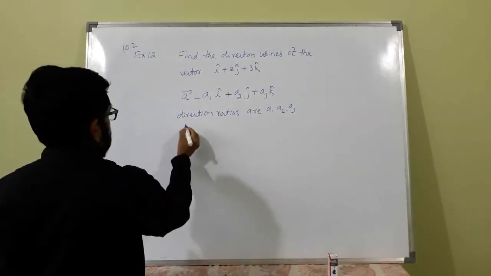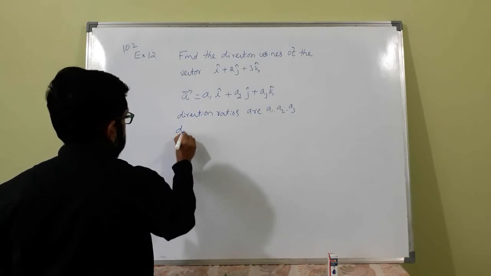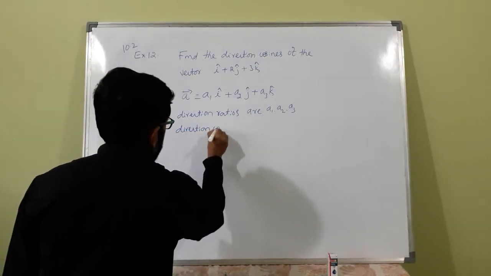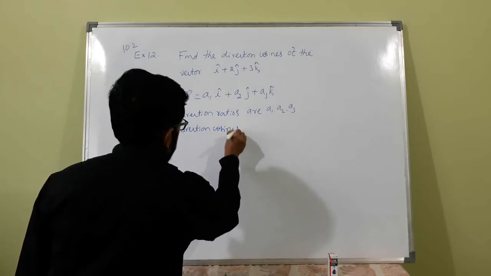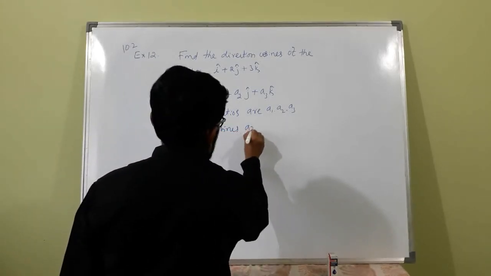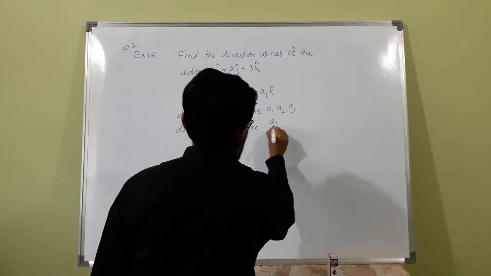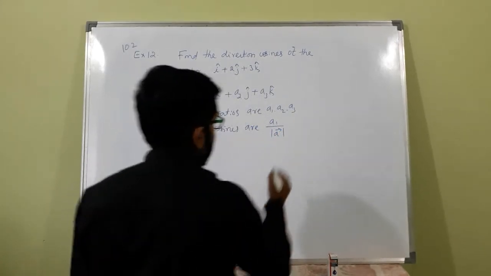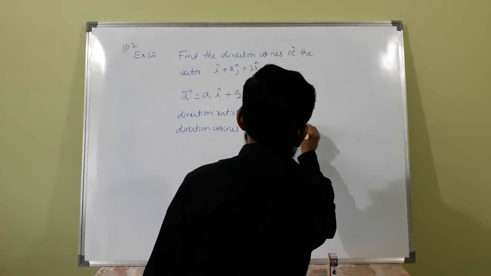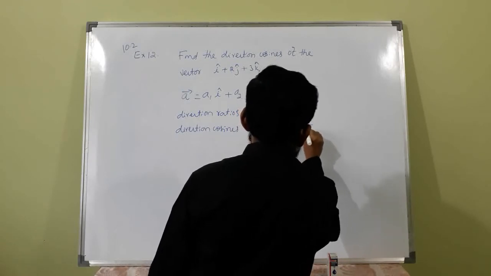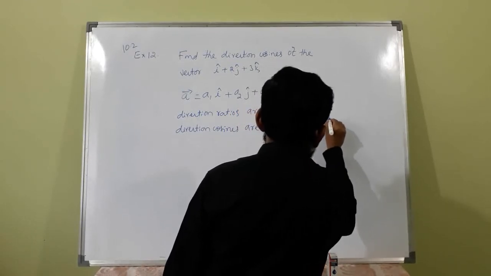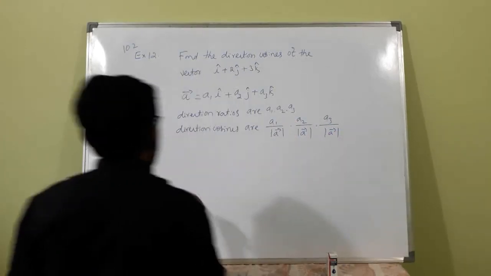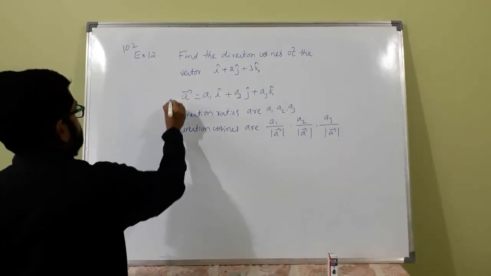The direction cosines are A1 divided by the magnitude of vector A, A2 divided by the magnitude of vector A, A3 divided by the magnitude of vector A. So this you have to remember.